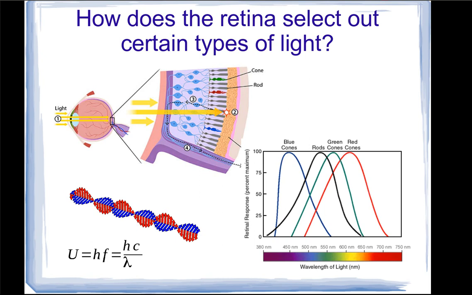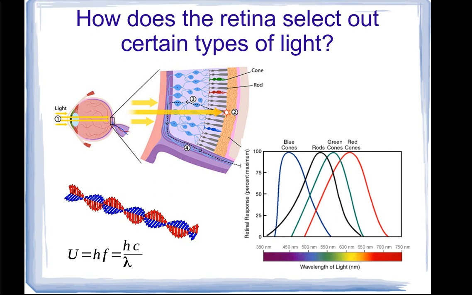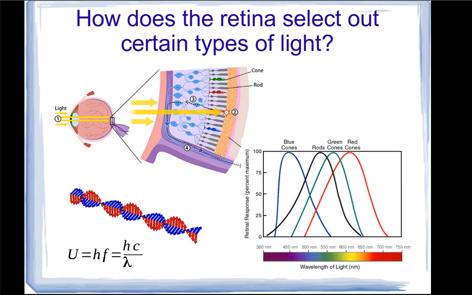Okay, so now I want to return to why we see visible light. Some of you may have studied this in biology and chemistry in more detail in other courses, but the broad idea is that light enters your eye, goes through the lens, gets focused onto the back of your eyeball, the retina.